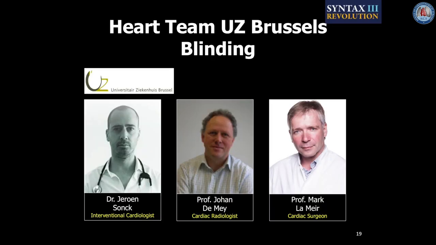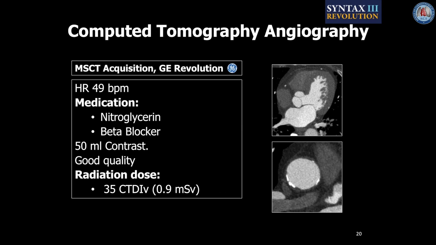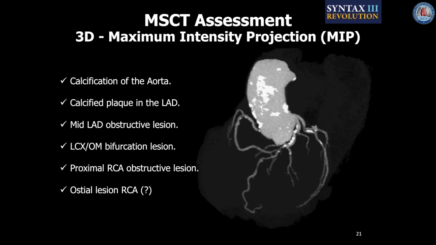Then basically we were blinding one heart team and providing the other heart team with the computed tomography angiography, in this case obtained with 50 ml of contrast and a radiation dose of 0.9 millisievert.